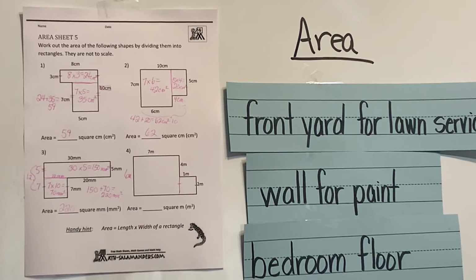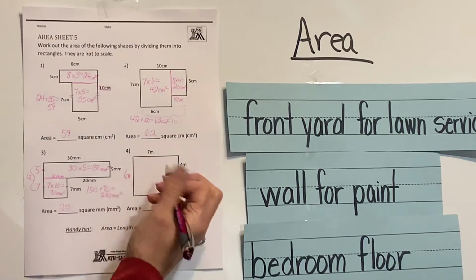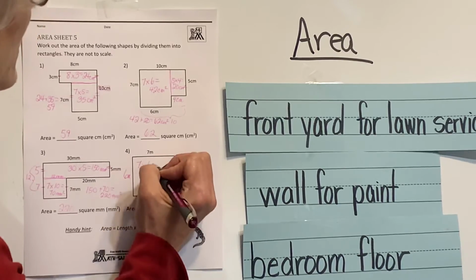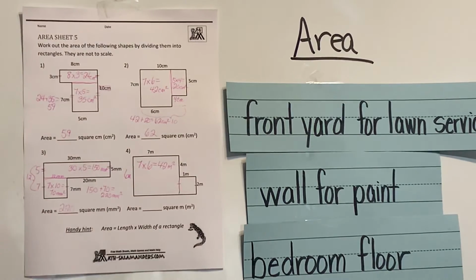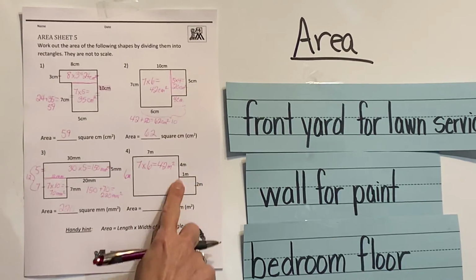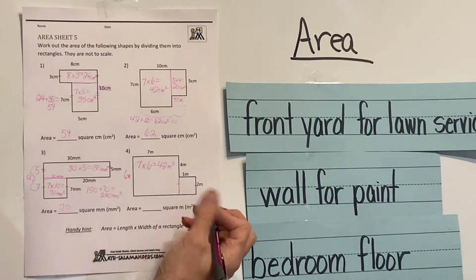Okay? All right, so now we can go ahead and determine the area of each individual rectangle. So I've got 7 times 6, which gives me a grand total of 42 meters squared. And then I have this smaller rectangle. I've got 1 by 2.